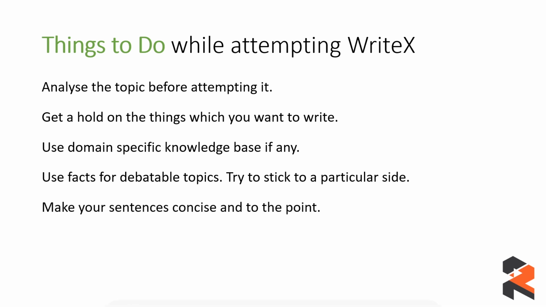Make your sentences concise and to the point. Now, while writing your topics, what students usually do is, since they are not clear about the topic which has been asked and they don't give time to think on the topic, and though they have given you 20 minutes, you should use 2 to 3 minutes to think about the topic and then start writing.